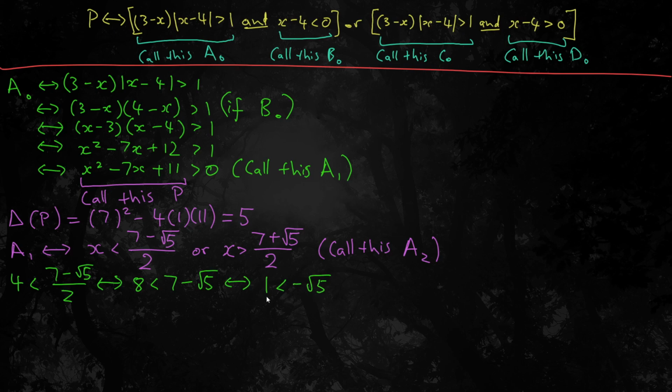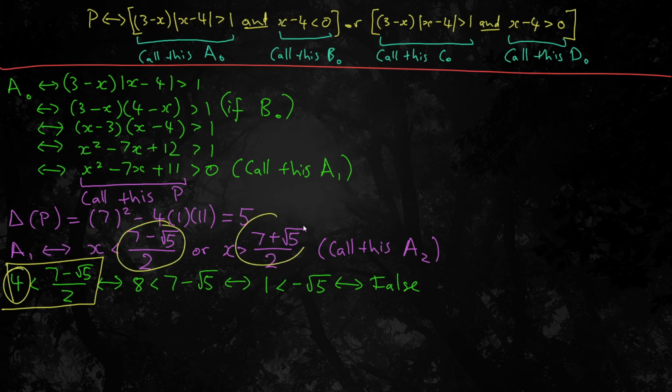And this is just clearly not true. The statement 1 is less than negative 5 is false. So this was untrue, which means actually 4 is the larger of the two. Okay, so 4 is either somewhere between these two, it's either in the middle, or it's out here.